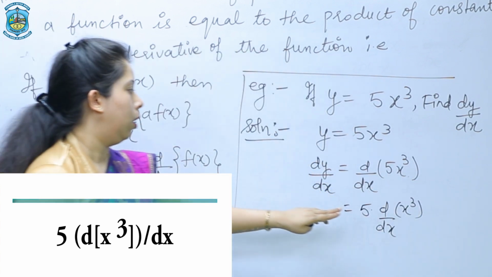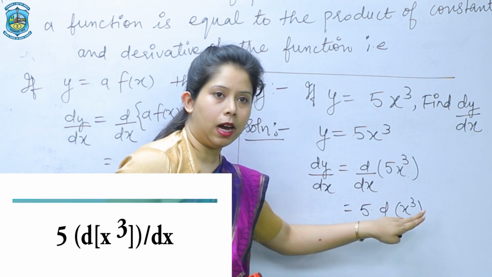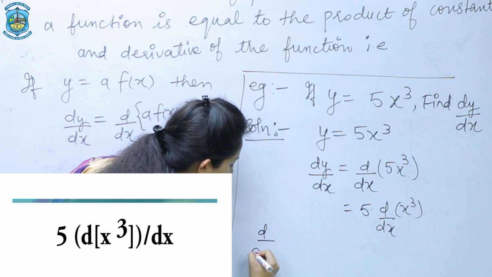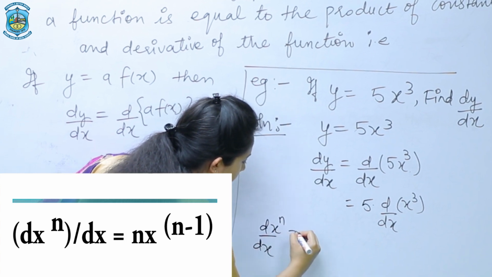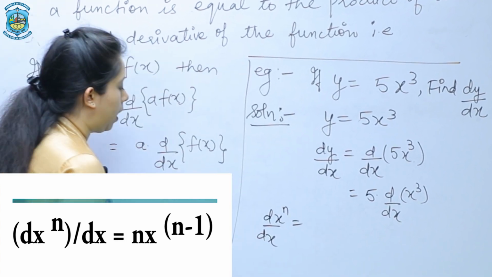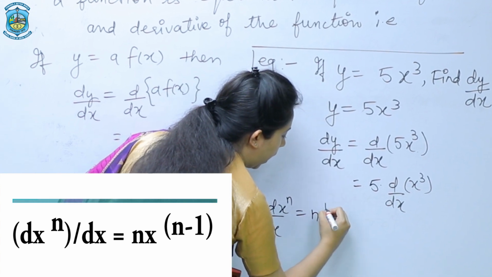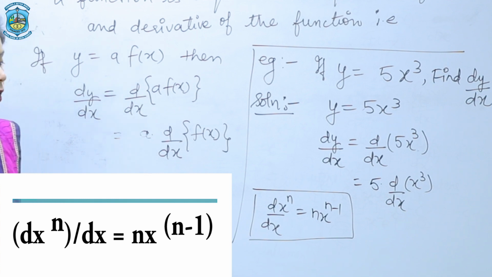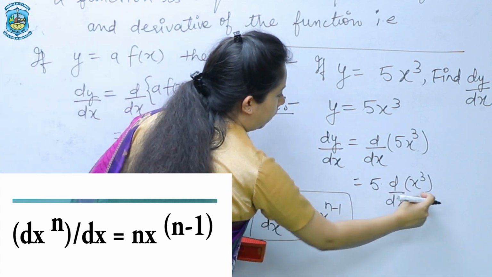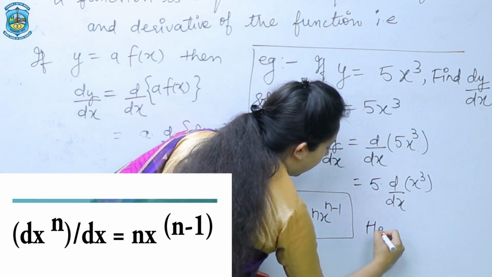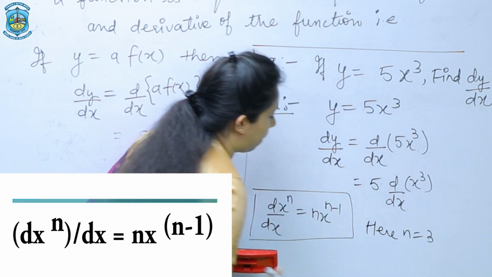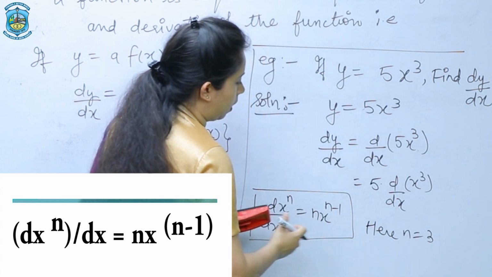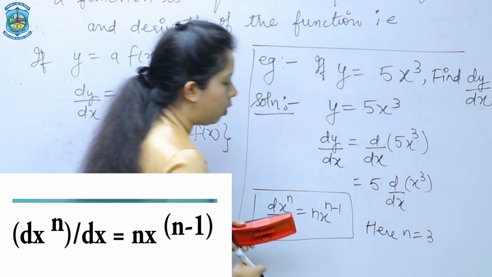Here, recalling the formula that we studied in the first video, that was d by dx of x raised to the power n, the value is n into x raised to the power n minus 1. So, we have to apply the formula. Comparing the powers, here the power is n and here the power is 3. So, comparing both the powers, we will get the value of n as 3.